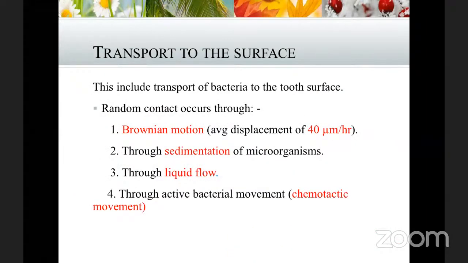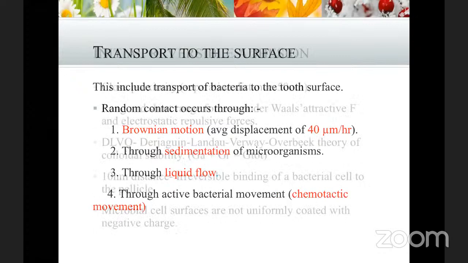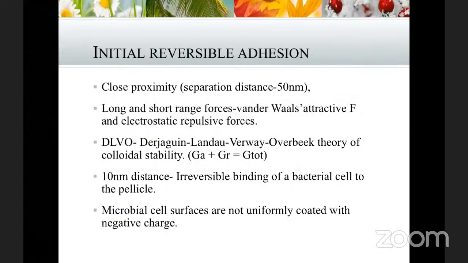This is the Brownian motion up to 40 microns, through sedimentation of microorganisms, through liquid flow, through chemotactic movement. And this is the initial reversible adhesion. The bacterium within up to 50 nanometers is in reversible adhesion.